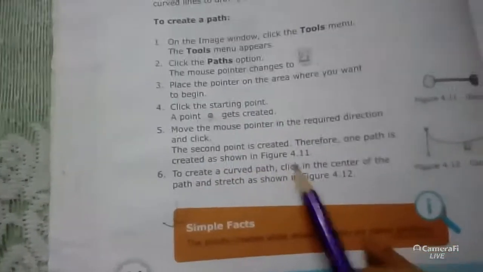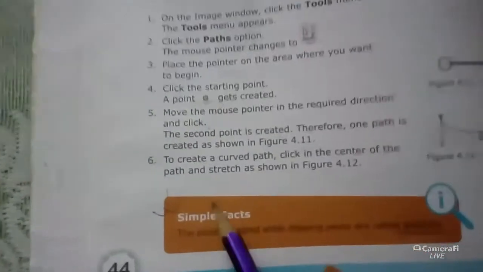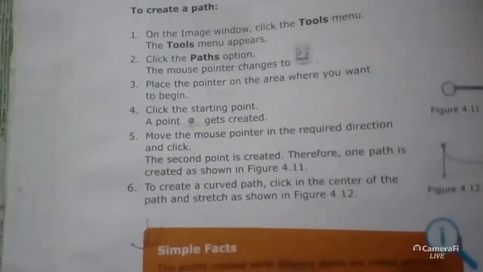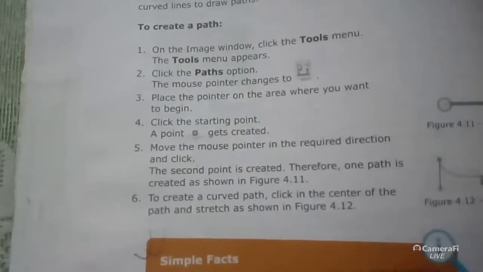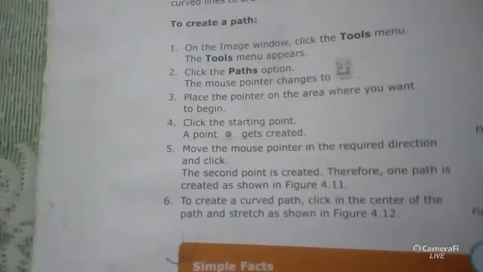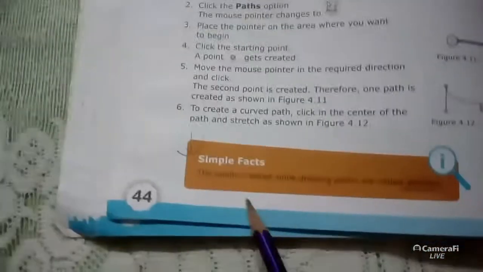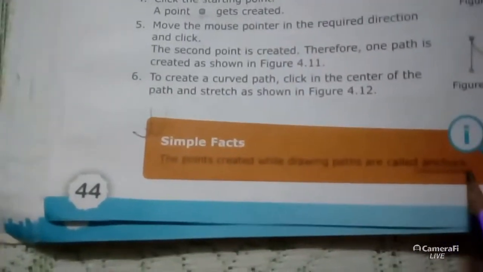The second point will be created and it is drawn. But if you want to make it curved, then you have to click the middle of the line and automatically it will be curved. And see here, the points created to draw a path are called anchors.